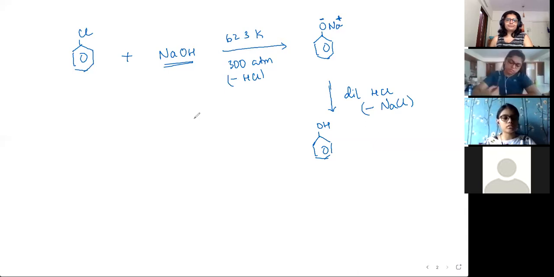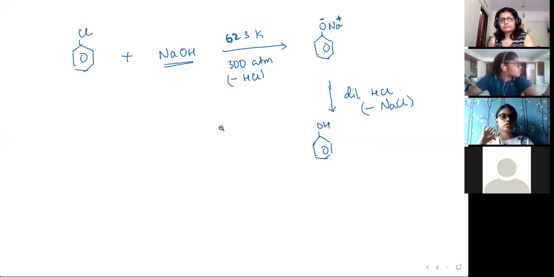This is basically the only reaction that takes place. Other reactions might take place, but this itself requires very specific temperature and pressure conditions. Can I say that it's not economically favored?